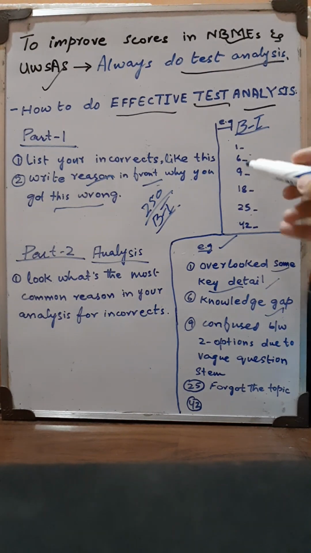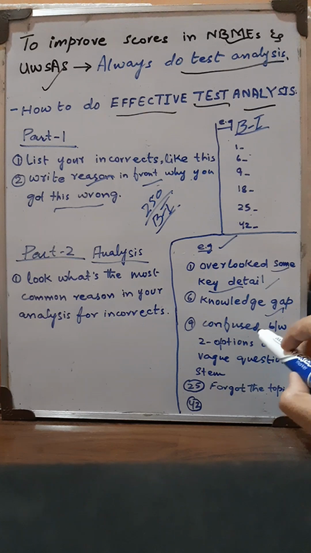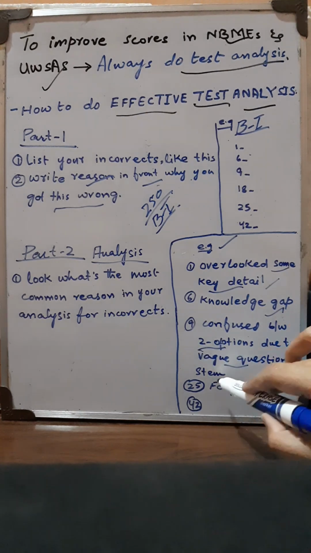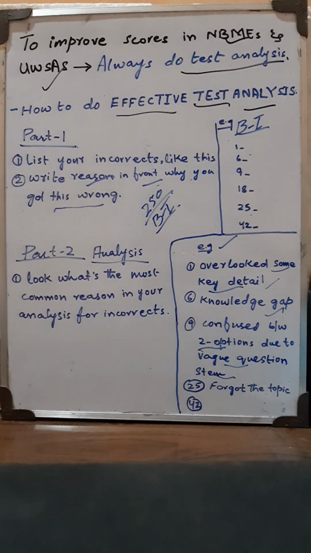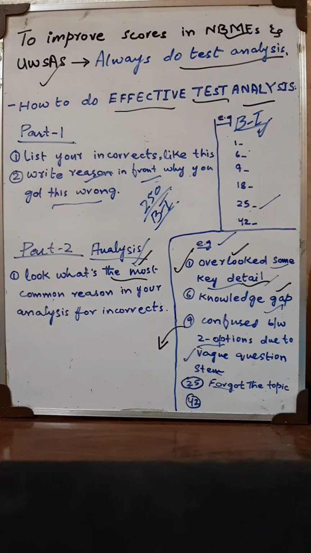Looking at question number 9, for example, I was confused between the 2 options due to a vague question stem. Let's say there were 2 conditions in the options, one of them pneumothorax and the second, let's say, cardiac tamponade, and a number of features are similar.